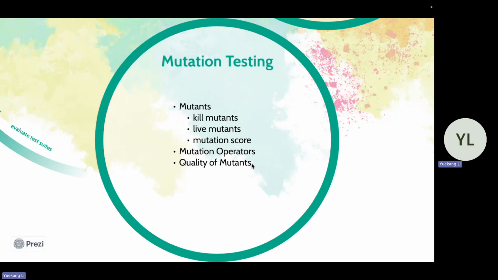Because sometimes when we create a mutant, the program may not even compile or may not even be able to run. So then those mutants are kind of useless. And for mutation testing, you are expected to do some coding or fix some code or modify some code. So this is mutation testing.